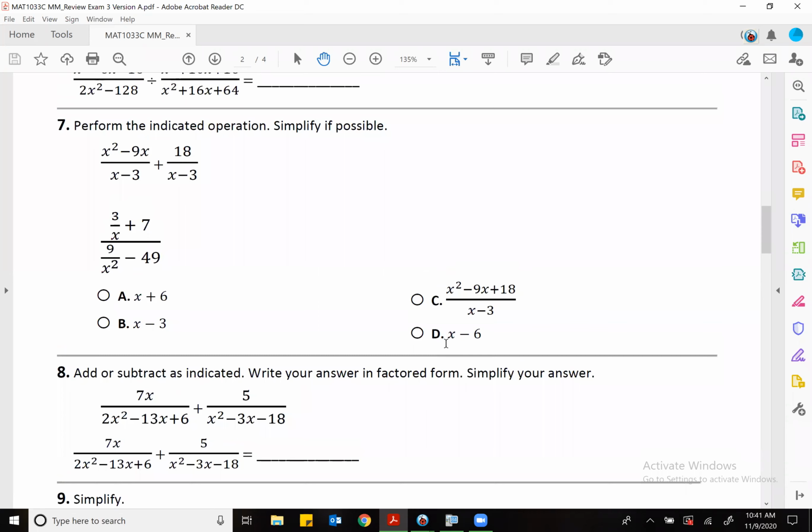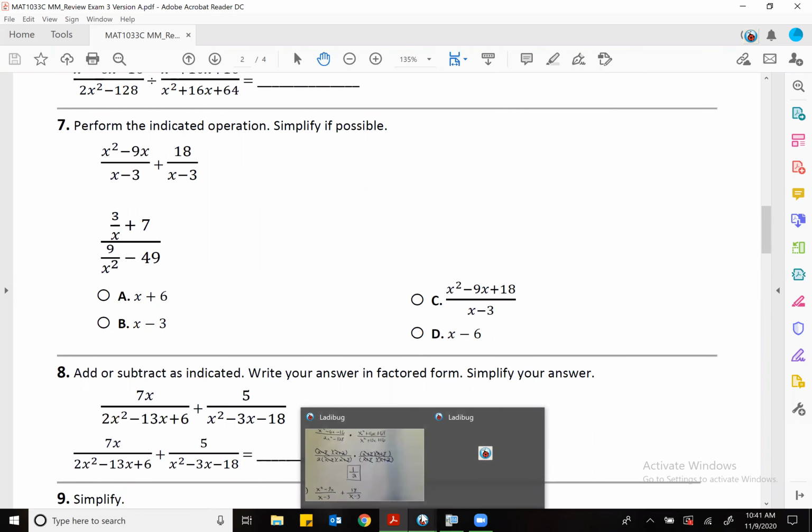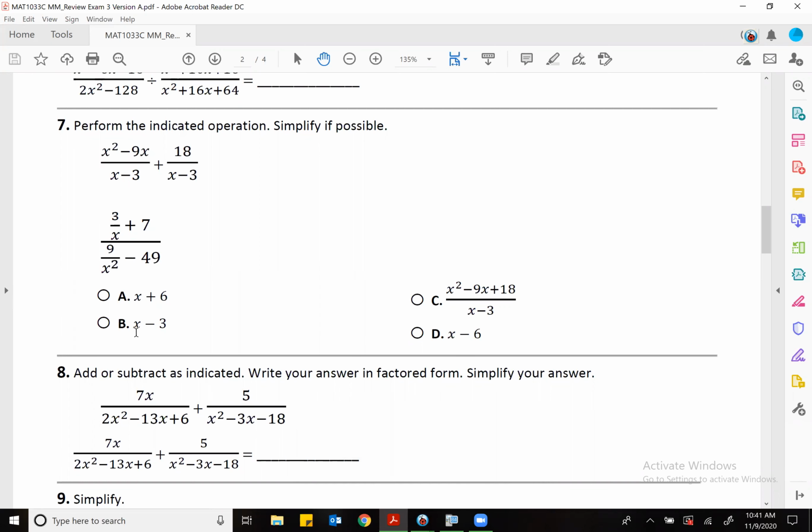So ignore this little part right underneath our adding of rationals. And these answers do go with our adding problem, so it's fine.